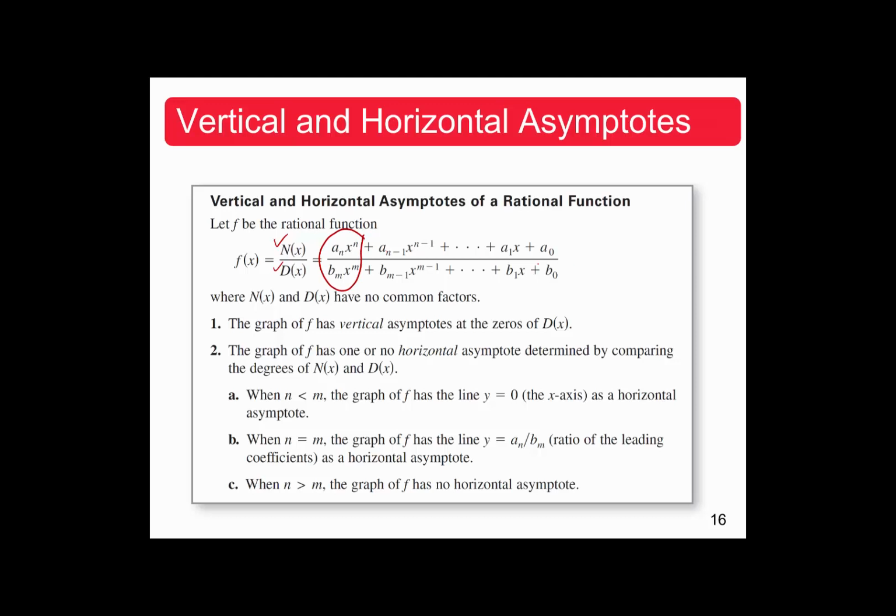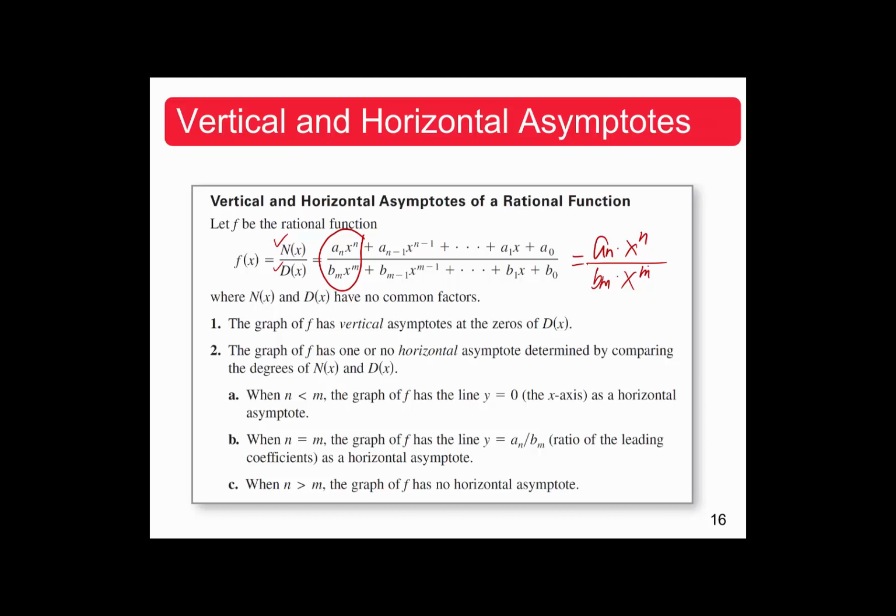The remaining terms won't matter because the leading term has the biggest power, and the biggest power will determine the long run behavior of the graph. So you can just look at the comparison of leading terms.